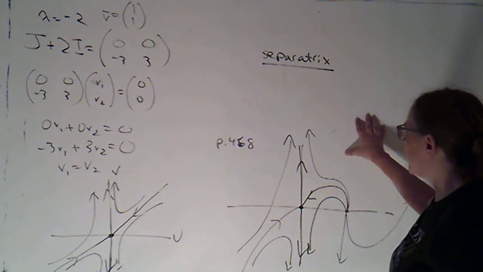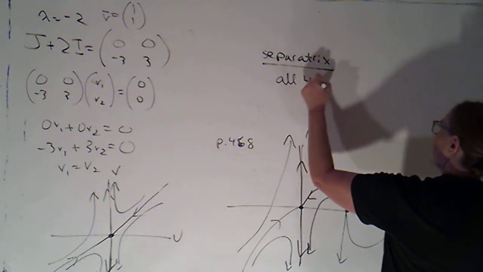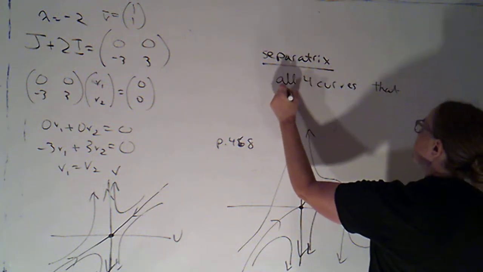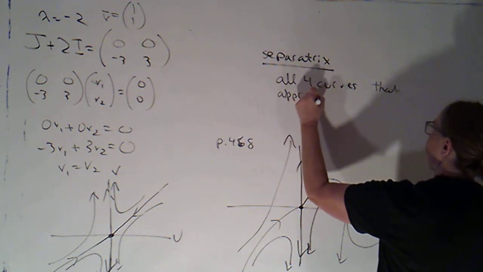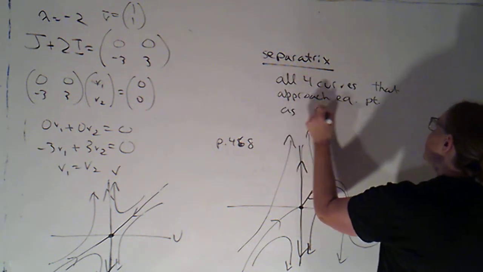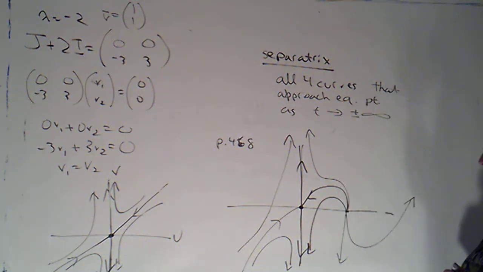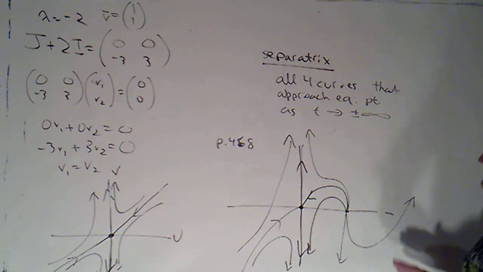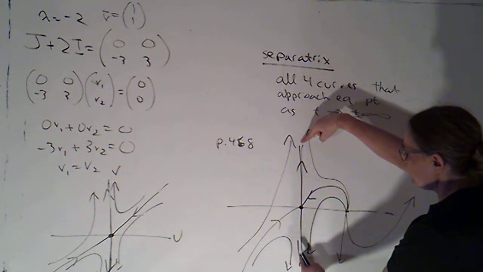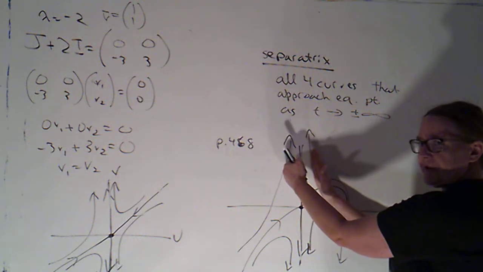Okay. Over here, all 4 curves that approach the equilibrium point, in this case the origin, as t goes to either plus or minus infinity, count as separatrices. Now, for this particular example, it still looks like the curves that are moving away from the origin don't really separate into different behavior.